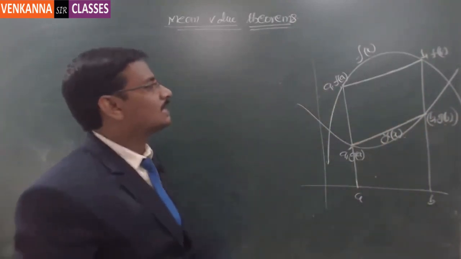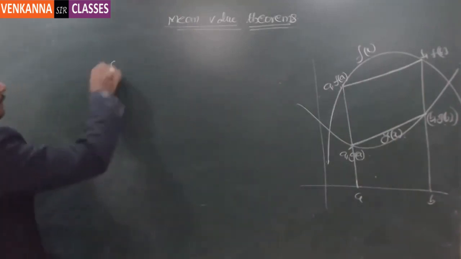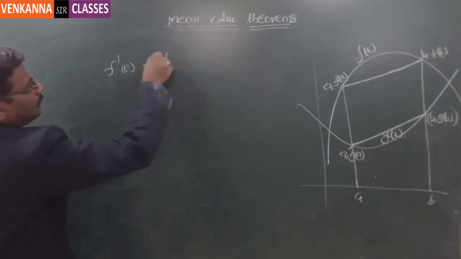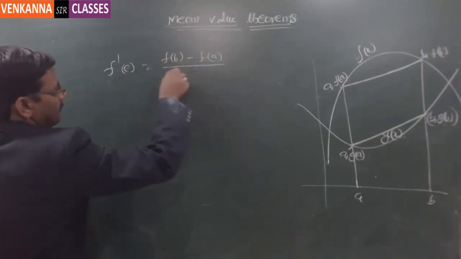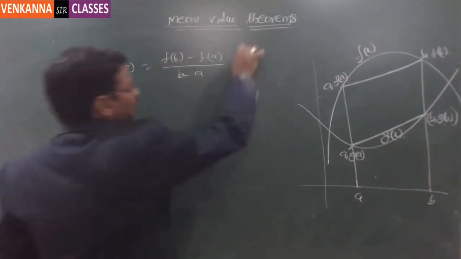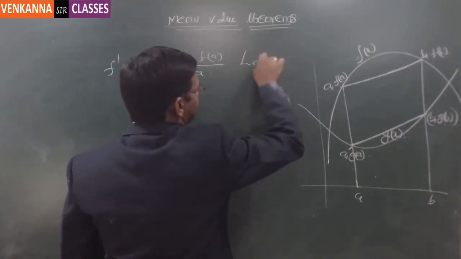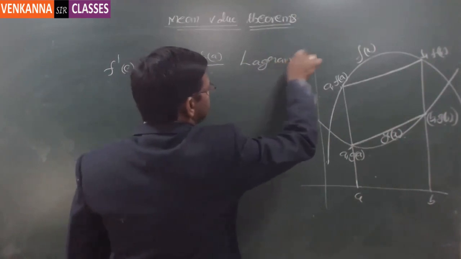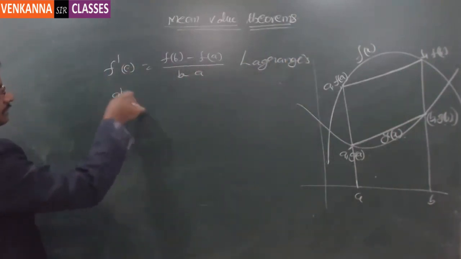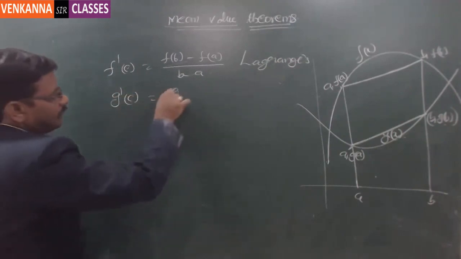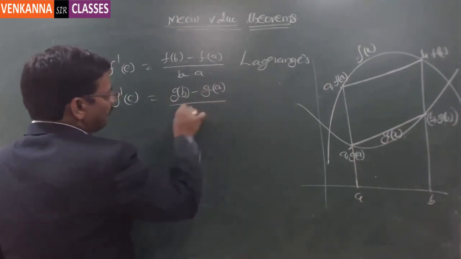there exists at least one point c such that f dash of c is equal to f of b minus f of a divided by b minus a. So this is Lagrange's mean value theorem. Similarly, g dash of c is equal to g of b minus g of a divided by b minus a.